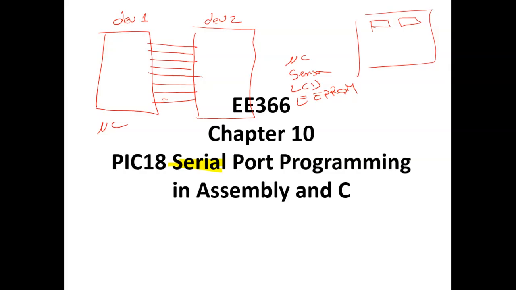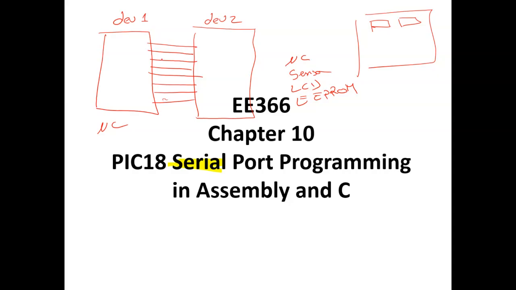In that case, can we do this in parallel communication? If every device needs, for example, 10 or 8 bits, is it possible to have all these input output numbers? No.